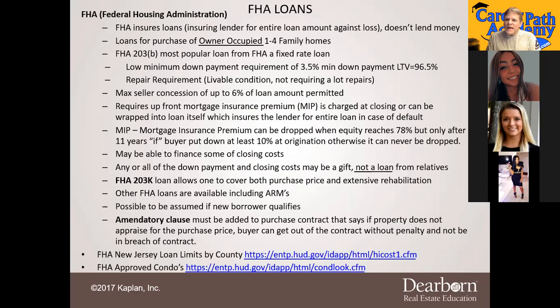Which can be dropped when equity reaches what? 20. And must be dropped when it reaches 20. This one can't be dropped until there's only 22% of the loan left. So when it's got 78% equity. But only after 11 years, if the buyer put down at least 10% at origination. Otherwise, it can never be dropped. Yikes.